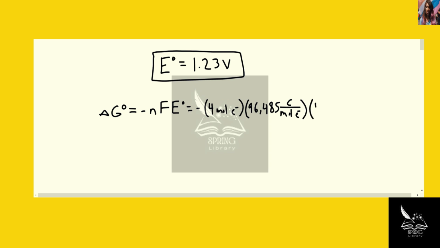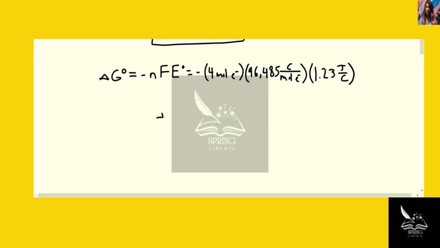And the standard cell potential is again 1.23 volts, or joules per coulomb. When we calculate that out, we are left with energy units of joules, and if we divide by 1,000, we can get it in units of kilojoules, and we find that delta G at standard conditions for this hydrogen-oxygen fuel cell comes out to about negative 475 kilojoules.